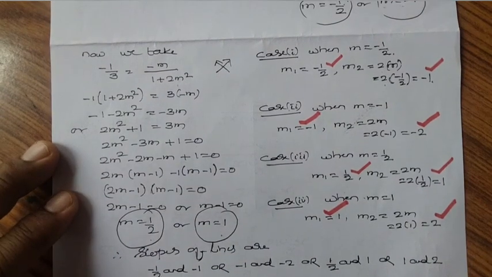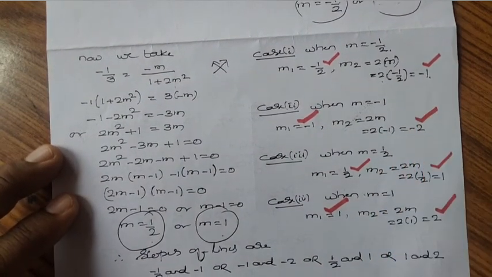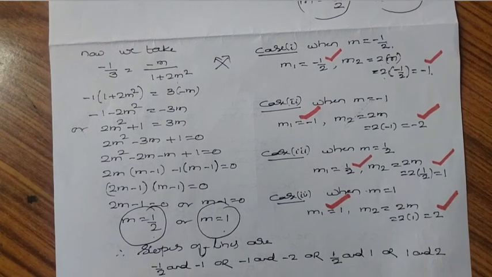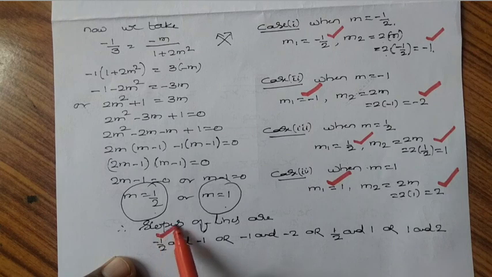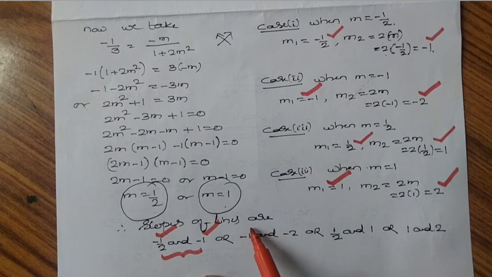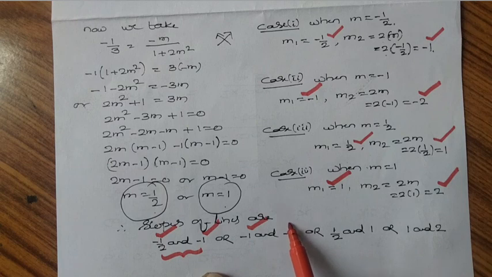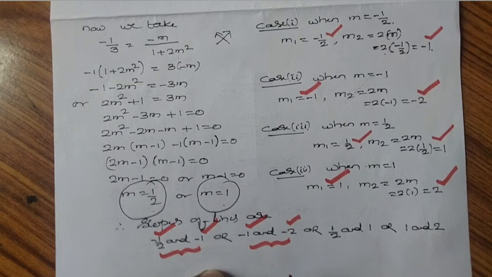So thus we get the 4 different answers. It means that if the slope of the first line is minus half, then the slope of the other line is minus 1. This is case 1. And if the slope of the first line is minus 1, then the slope of the second line is minus 2. So this is the second case.